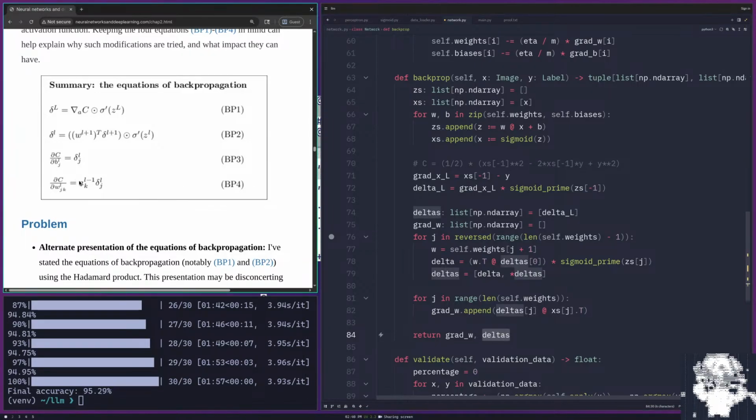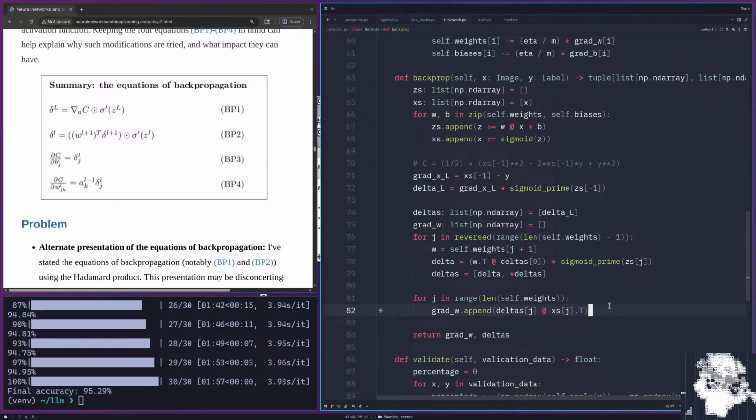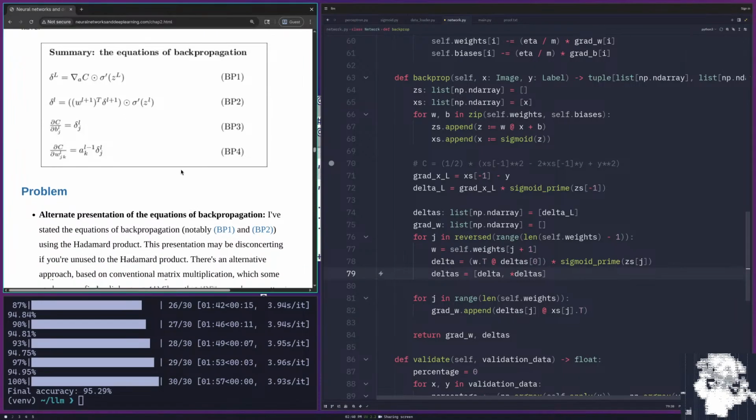BP4 is doing these products, and that's pretty much as good as you can do them. I could do them inside here, but then I'd have to do one of them outside the loop. Also, I'd have to do them in the opposite order. Alright, I'm happy with that.